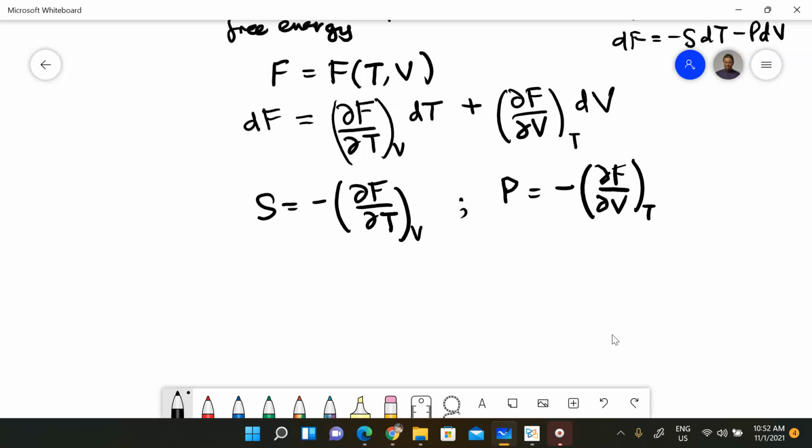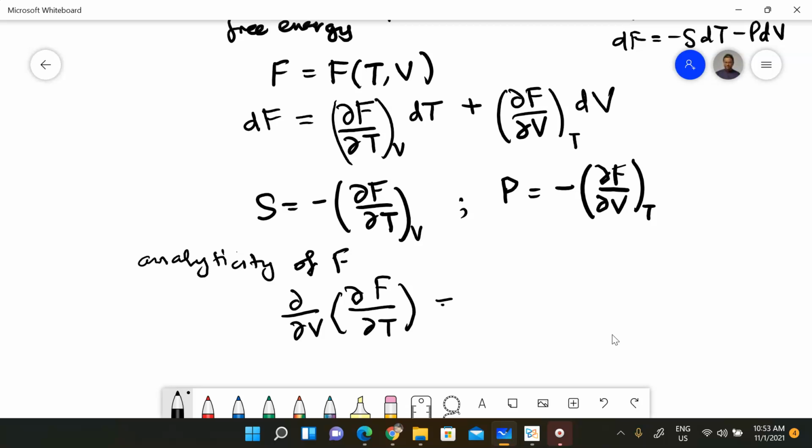Analyticity of F requires the following: that partial V partial F partial T, sorry for my horrible handwriting, equals partial T partial F partial V. This is V, this is T. We need that as your second order derivatives are going to be interchangeable.